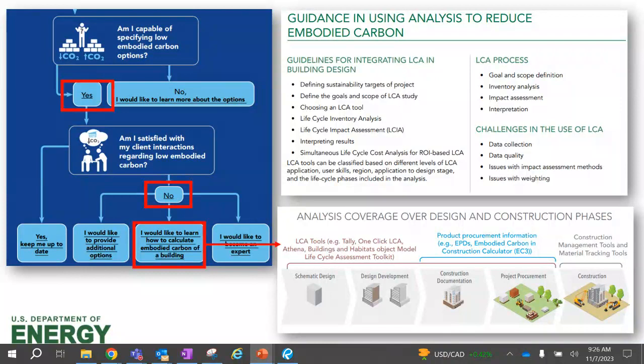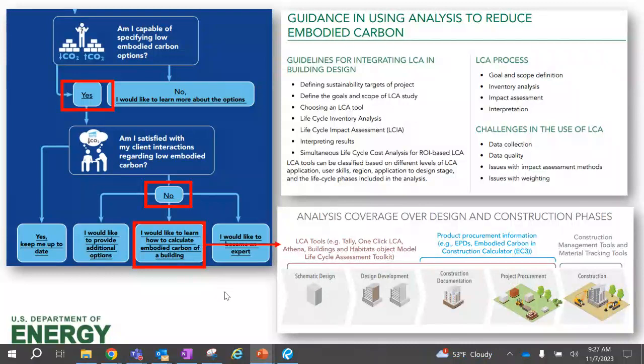And in terms of calculating your embodied carbon on the project, I really like this graphic they have here of the analysis coverage over design and construction phases. You can see this LCA and tools like Tally, OneClick, Athena, they're really used in the design process, and they're modeling the life cycle assessment, where EC3, which I was sharing before, really focuses on procurement information and the specific materials that have been procured and implemented on the project, and not necessarily aggregating high-level data.